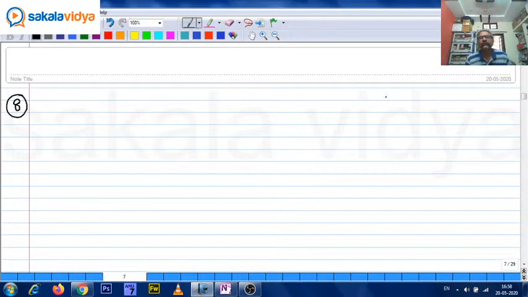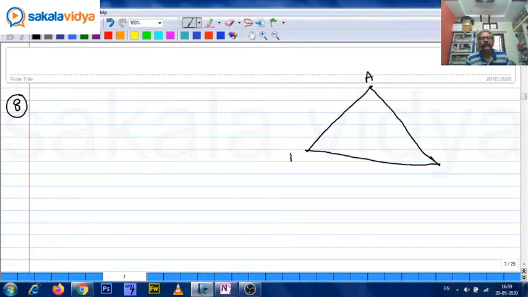Suppose in triangle ABC, the vertex A is (x1, y1, z1) and the vertex B is (x2, y2, z2).